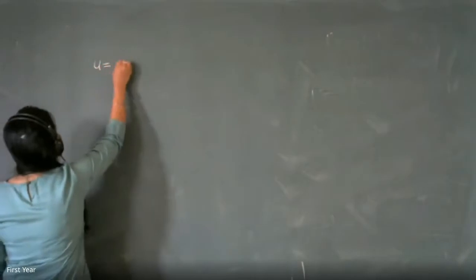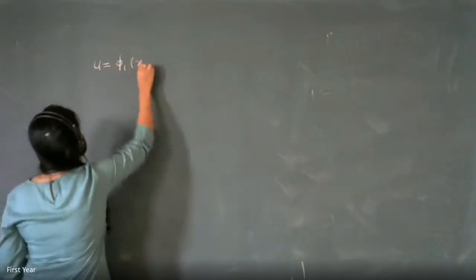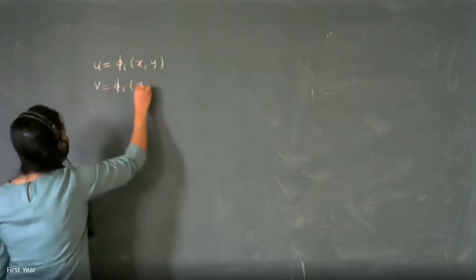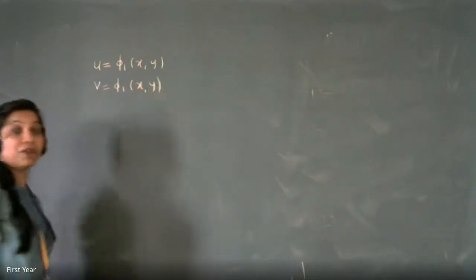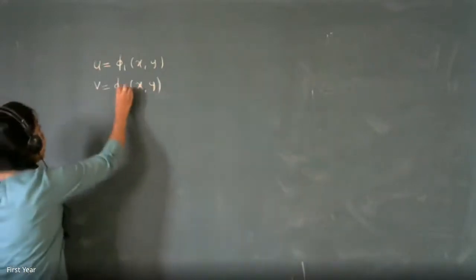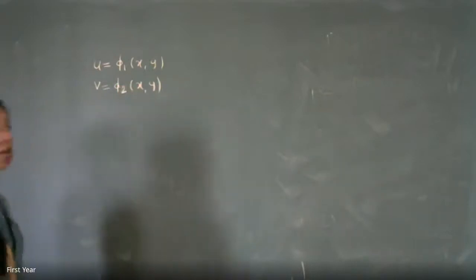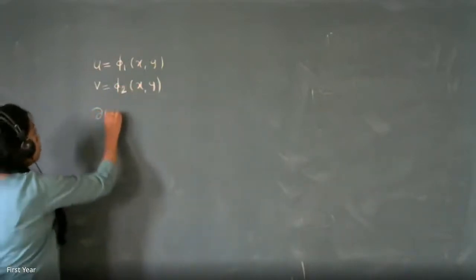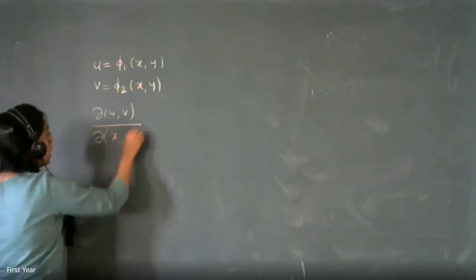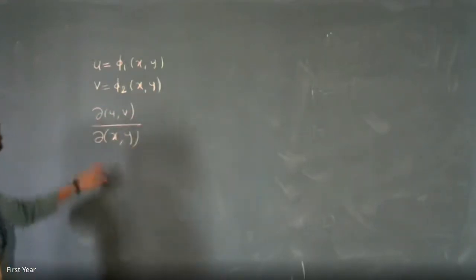You will be given u as a function of x, y, and you will be given v also as a function of x, y, where this u and v are continuous as well as differentiable. ये दोनों functions u v जो है phi1 and phi2, they will be continuous and differentiable. Okay, then the Jacobian of u, v with respect to x, y is denoted as ∂(u,v) upon ∂(x,y).